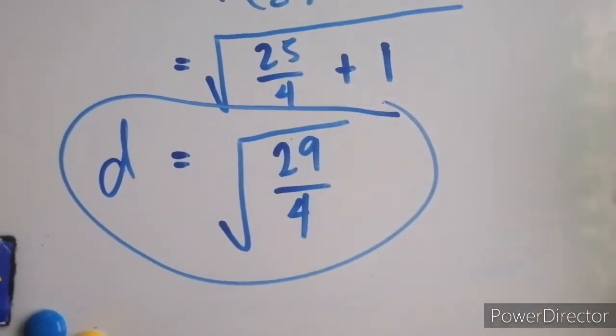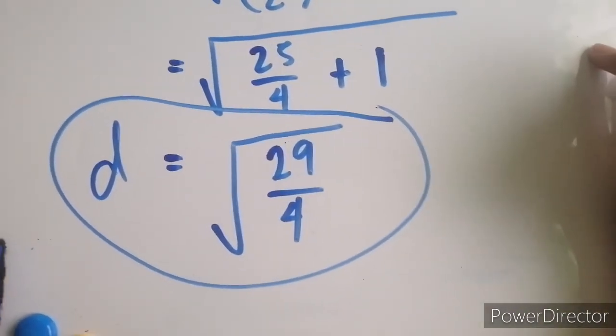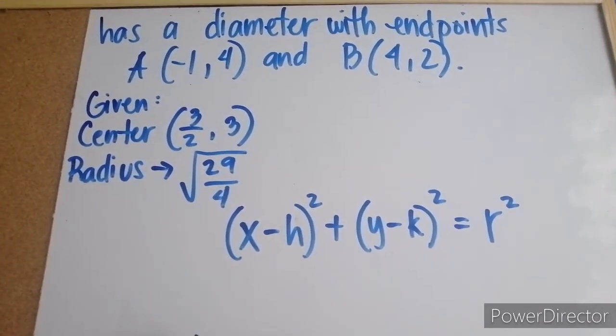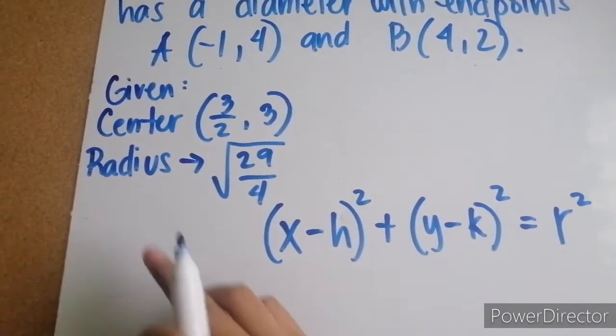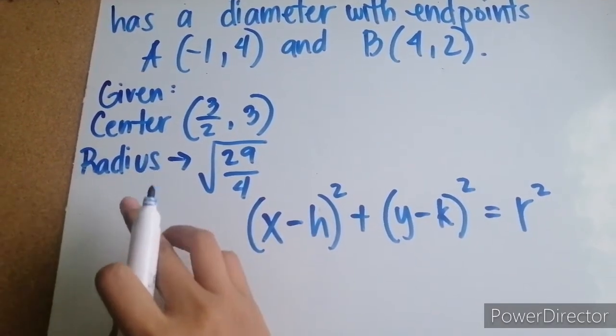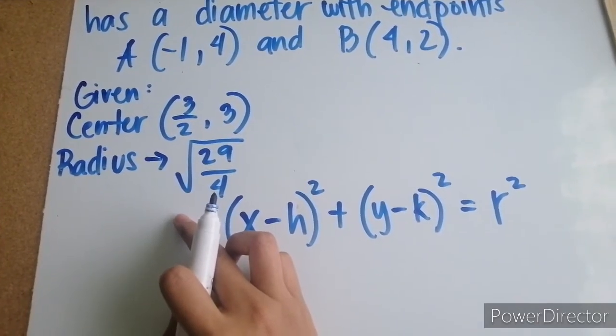Now let us input all our givens and make a standard equation of the circle. Let's go back to our problem. We have now determined our center with coordinates 3 over 2 and 3, and our radius, which is the square root of 29 over 4.